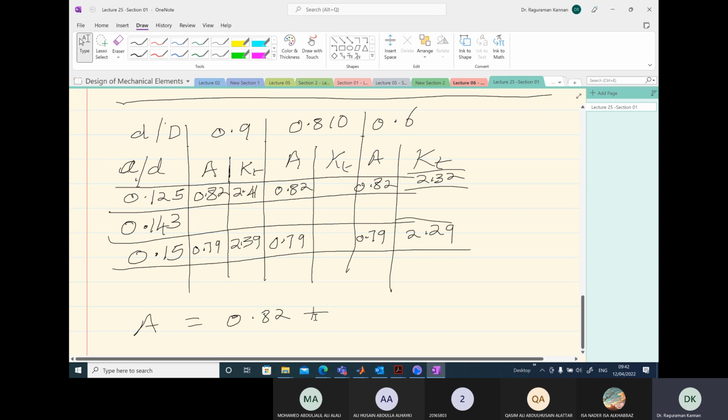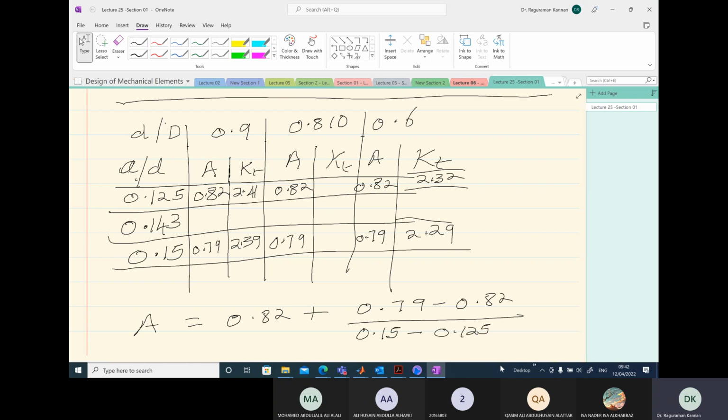Then the value changes between these two values, so I write 0.79, the final value, minus the initial value 0.82, divided by 0.15 minus 0.125.